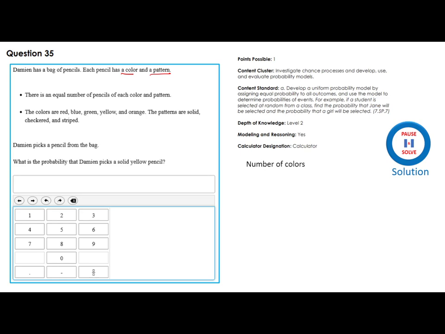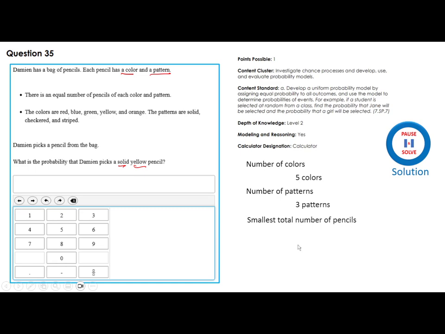Okay, we need it to be solid and yellow. So number of colors, 1, 2, 3, 4, 5. Number of patterns, 3.